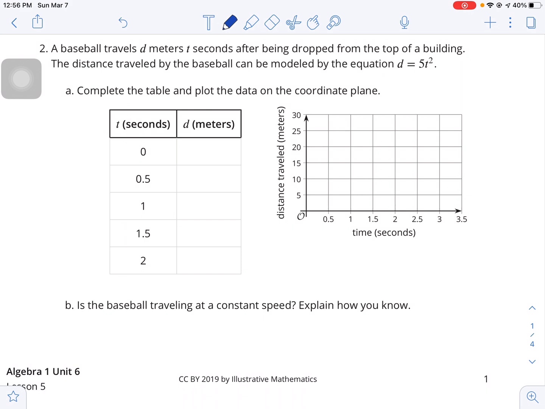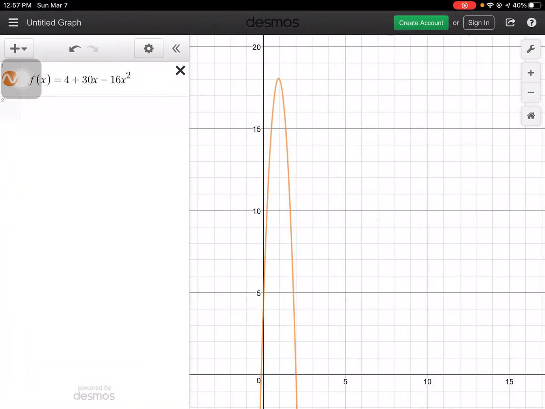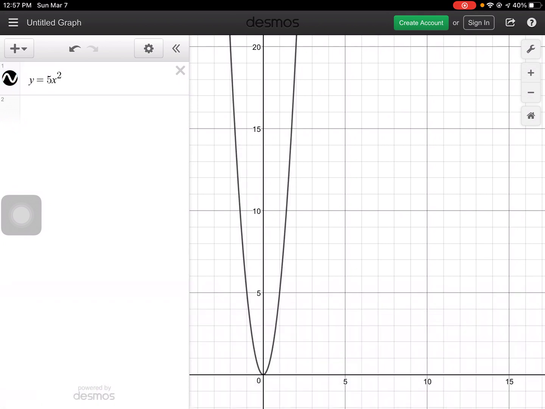I'm going to fill in y is equal to 5x squared just to make it easier on the app. So let's go over here and type that in. y is equal to 5x squared. It looks like this.